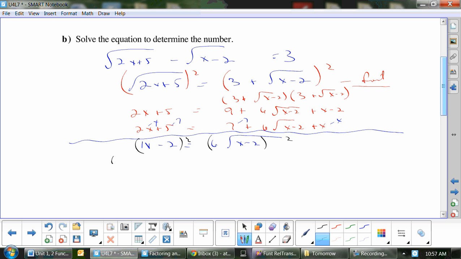Okay? So this is 1x minus 2 times 1x minus 2, right? So that is x squared minus 2x minus 2x, right? So minus 4x. And then minus 2 times minus 2 is plus 4.